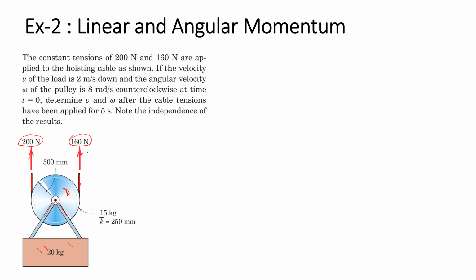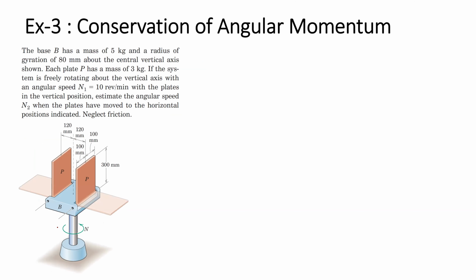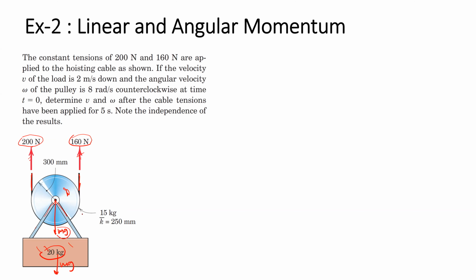Can you imagine what's going to happen with this system? We only have two forces in the upward direction, and we have the mg of the 20 kilogram load and the mg of the pulley itself in the downward direction.